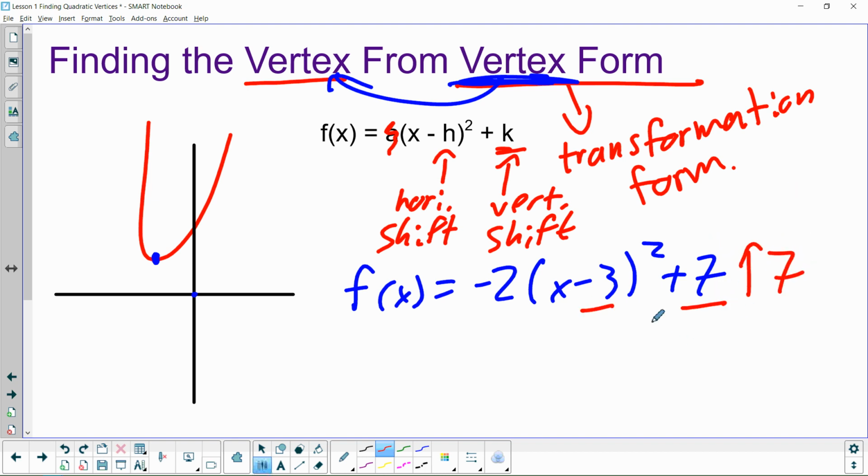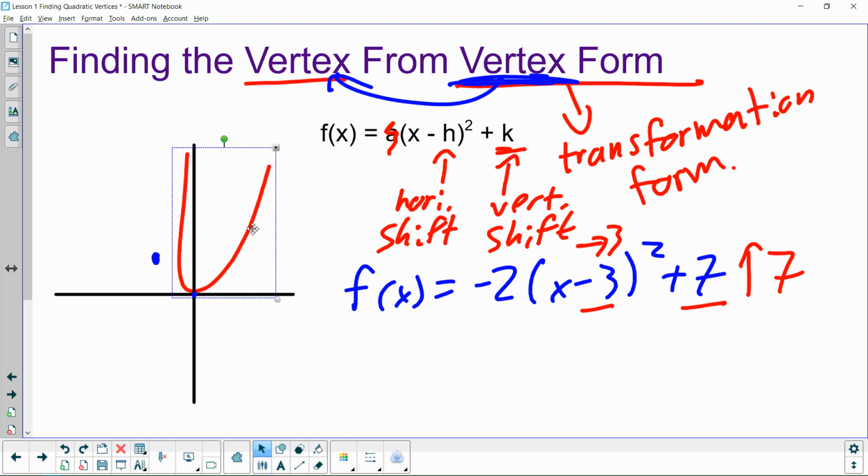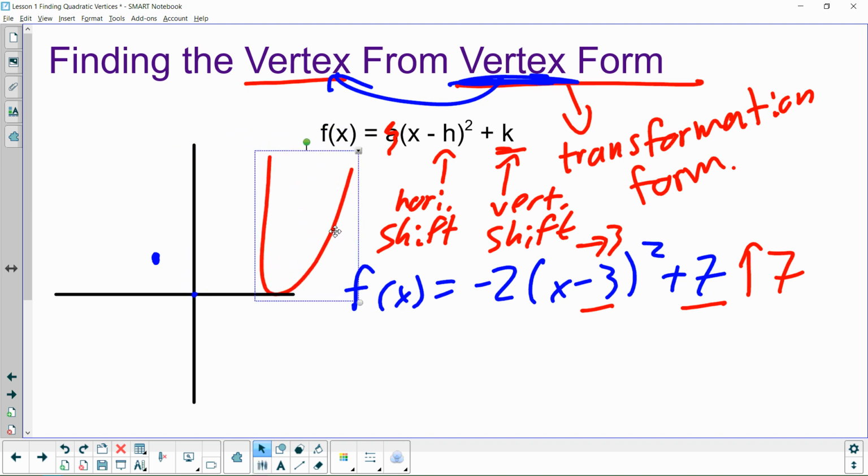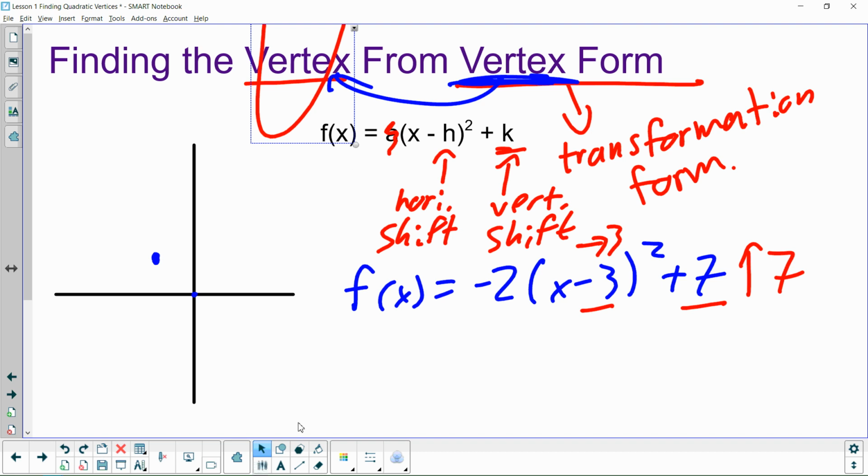So if it says negative, we go positive. So we're going right 3. Okay. That means, come on, give me my parabola. Our parabola goes 1, 2, 3 to the right, and 1, 2, 3, 4, 5, 6, 7 up. So this vertex is at h, k, which is 3, 7.